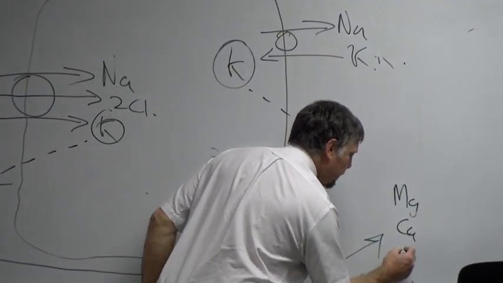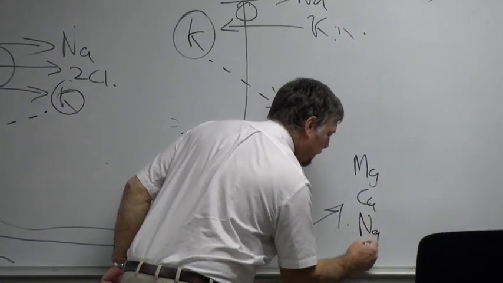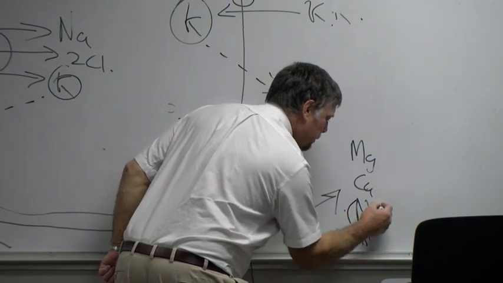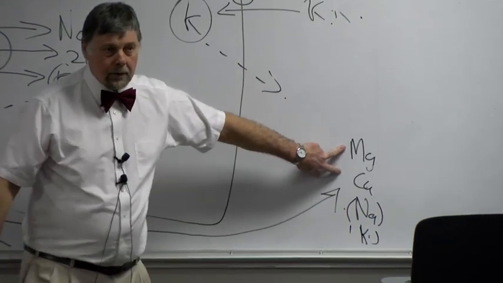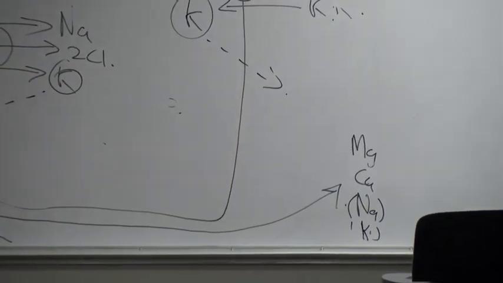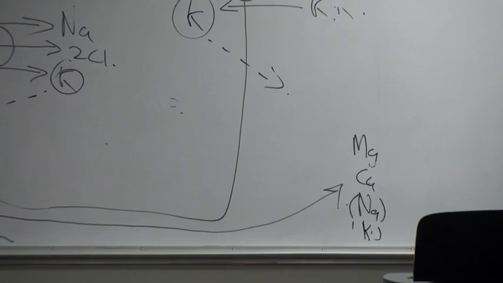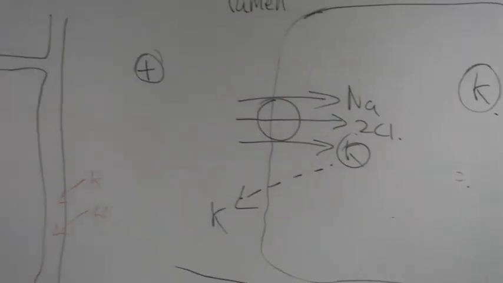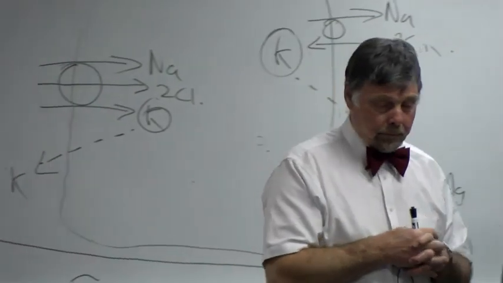And also some sodium and potassium too. But most textbooks are going to focus on these, okay? So that's what's going on in the loop of Henle. The loop of Henle actually is responsible for reabsorbing quite a lot of magnesium and quite a lot of calcium. And we will go through that more later.